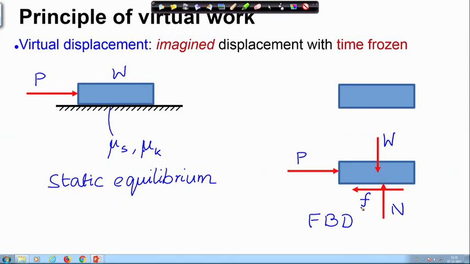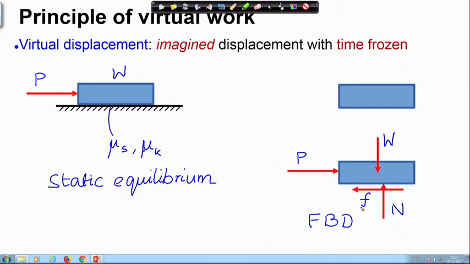So, then the block is in equilibrium. Now, we will come to this same conclusion using the principle of virtual work. What the principle of virtual work says is that the work done by the active forces in virtually displacing the body must be 0.